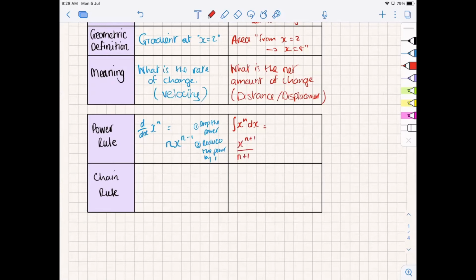And what have you forgotten? Because notice I've given you no limits, you must have the constant of integration there, plus c. If I don't give you any boundary. So with this one, we increase the power and then we divide by the new power.